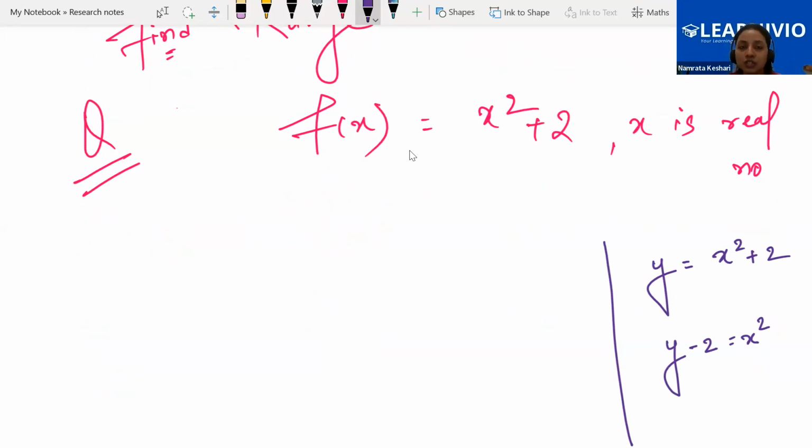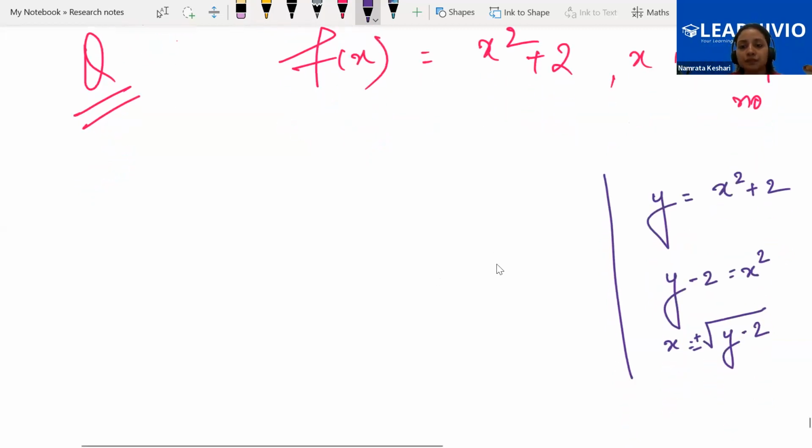But if we keep x on one side and everything else on the other side, then maybe we will be able to think about y just like in the domain case. Let's do that. x equals plus minus under root y minus 2. Yes or no? Yes.